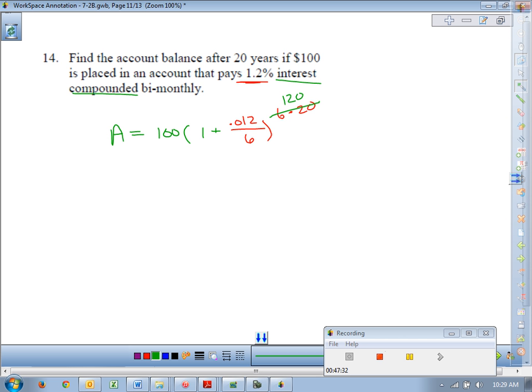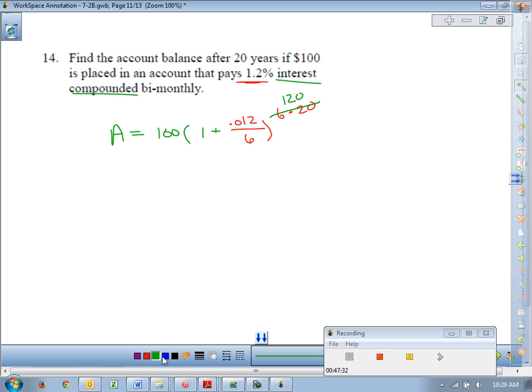What is 1% of 100? What's 1% of $100? $1. Right? So after 20 years, probably somewhere in the $20 range is what you should make. Pretty weak, right? Let's see.